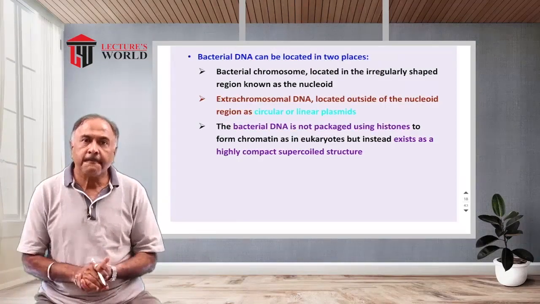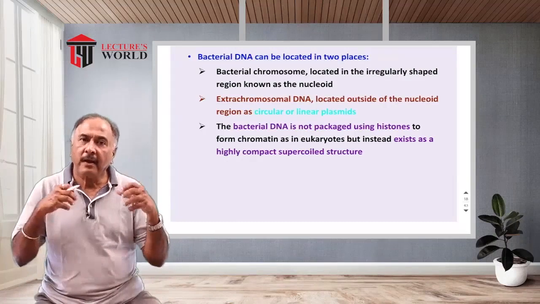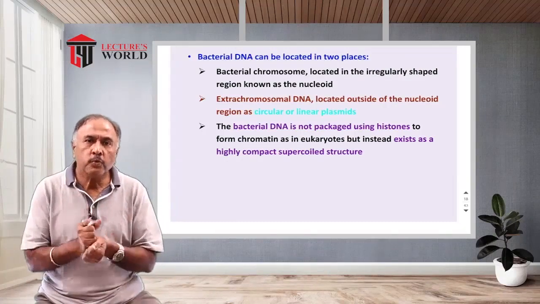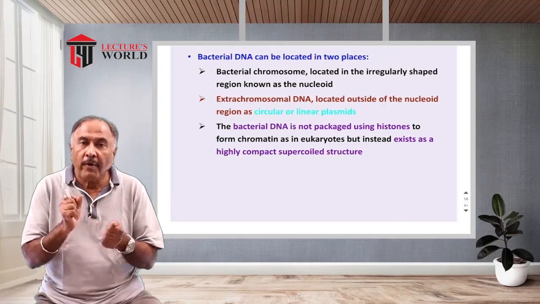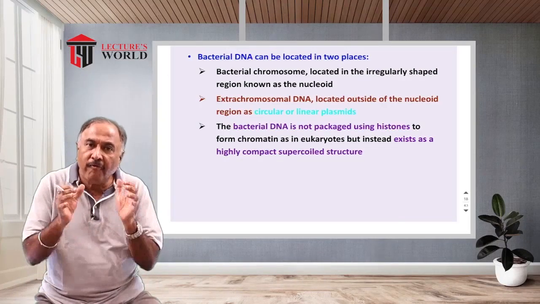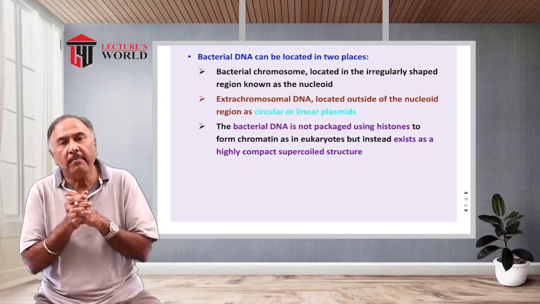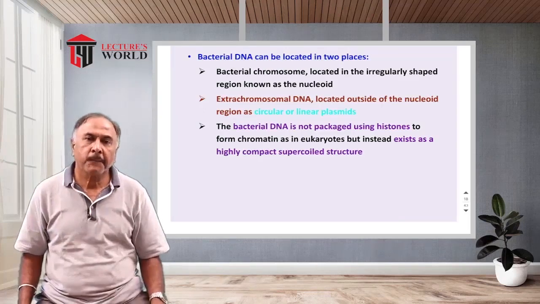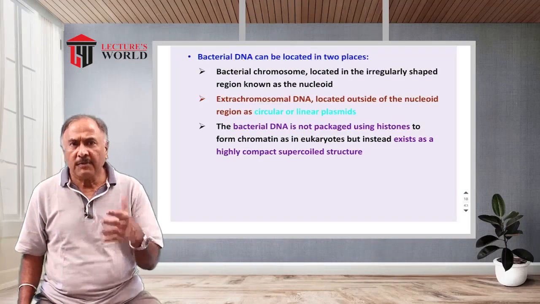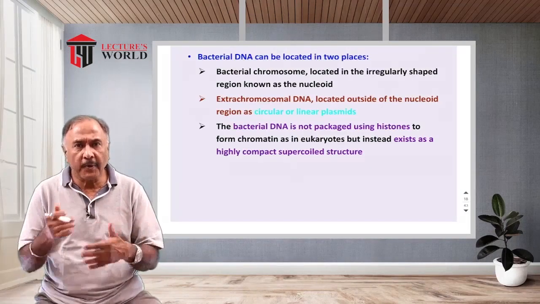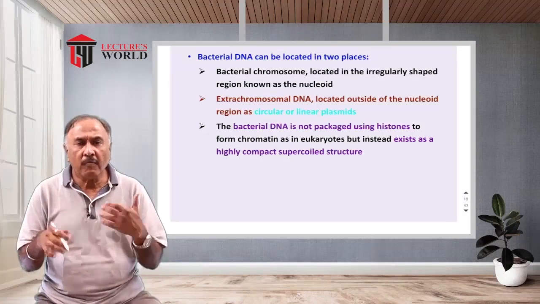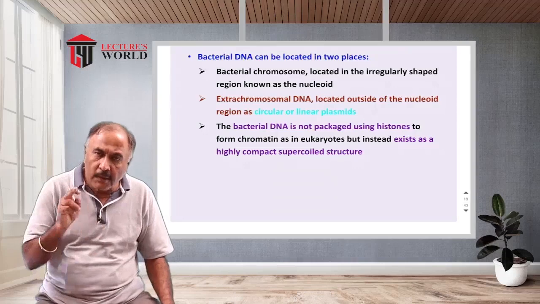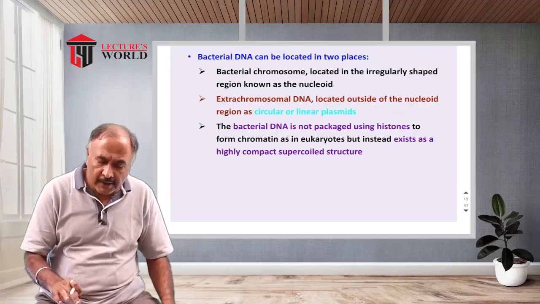It is because these proteins help the bacterial chromosome to wind in a very compact form and make it a supercoiled structure. Naturally, this supercoiled structure has to be unwound during replication. So this is about the bacterial DNA.